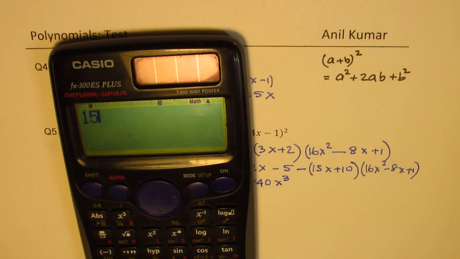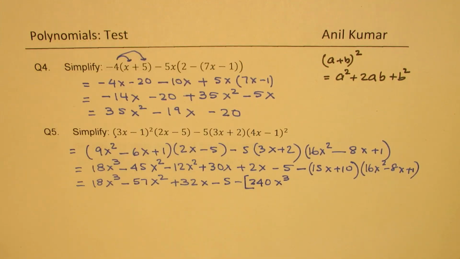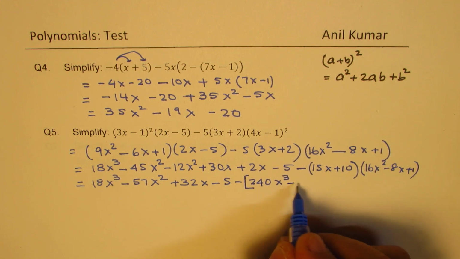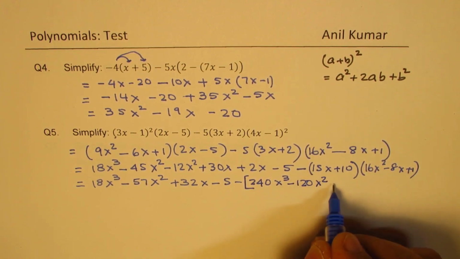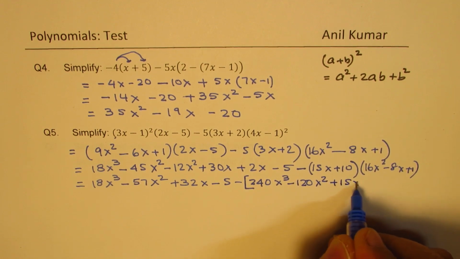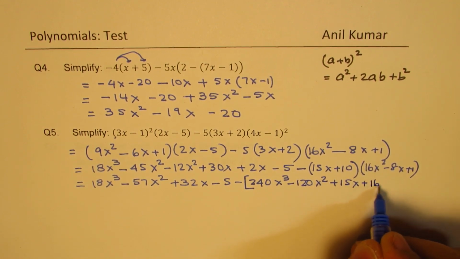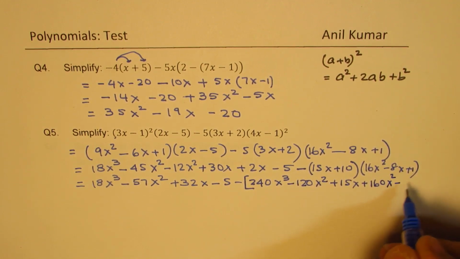Okay. Half of 240, which is 120, correct? So you get 120 as expected. So you get minus 120x squared. And 15 times 1 is 15. With 10, it becomes 160x squared minus 80x plus 10.